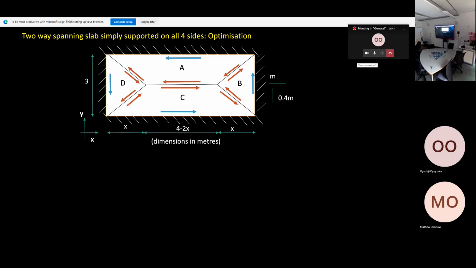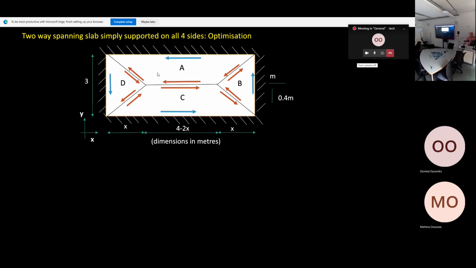As before, the yield line divides the slab into 4 regions: A, B, C, D. A and C are identical because we have symmetry, and the same for B and D. We determine the moment vectors in red here, and we have the rotation vector in blue. Are you okay with the vectors? How to determine the vectors for the moment and the rotations?